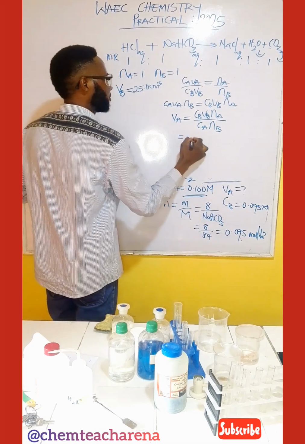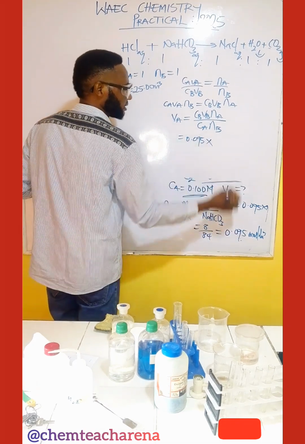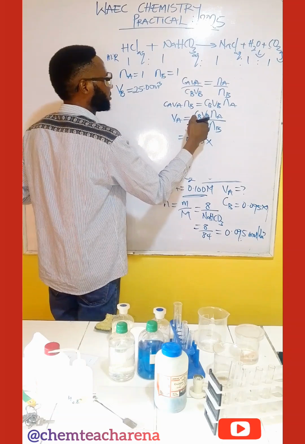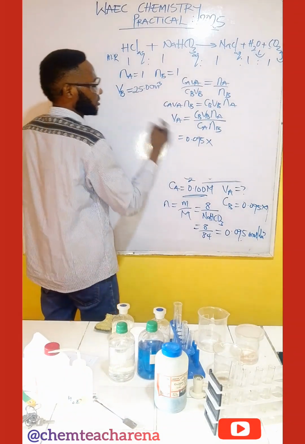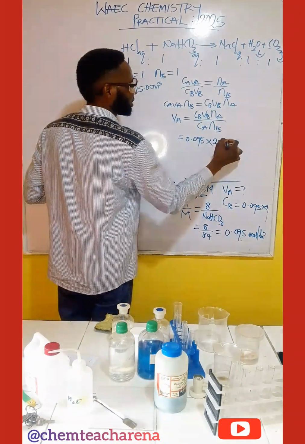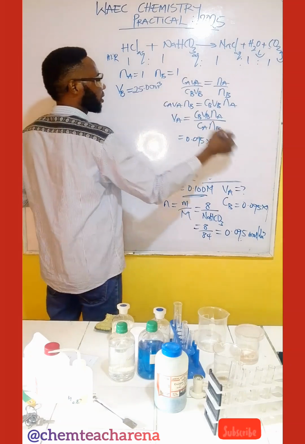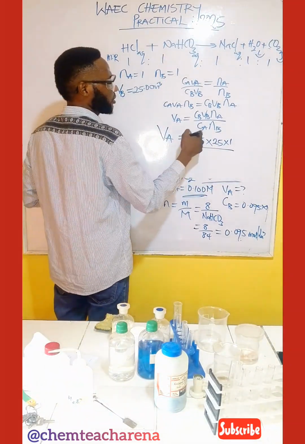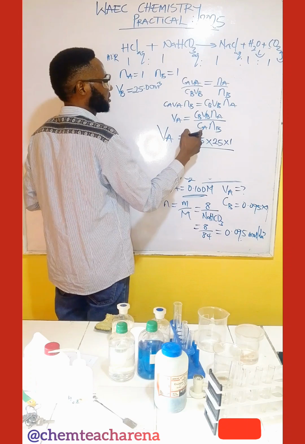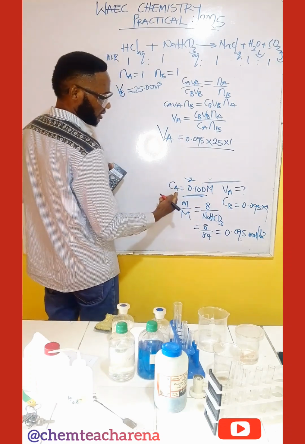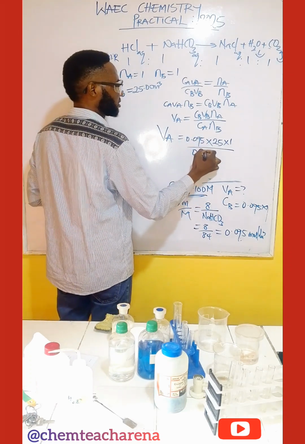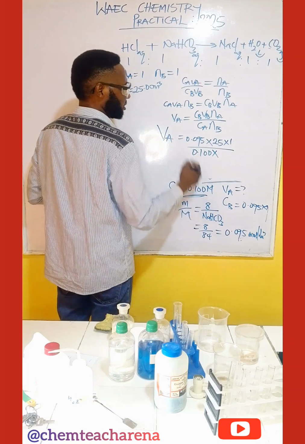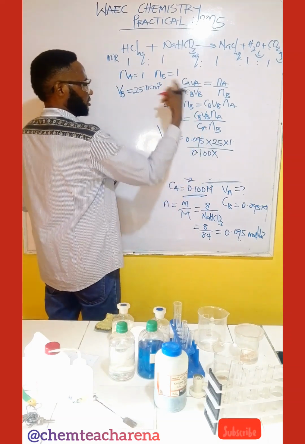So let's substitute. What is our Cb? Cb is 0.095 times Vb, which is 25, times Na, which is 1, all over Ca. Look at Ca here, 0.100 times Nb, which is 1.